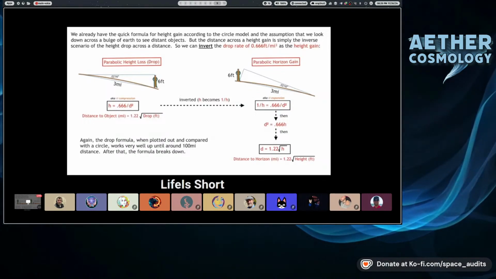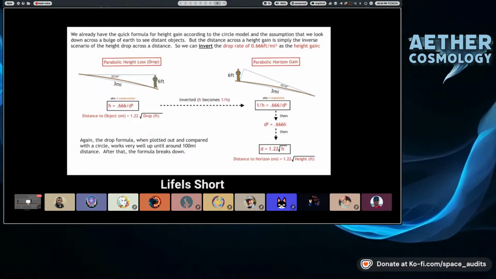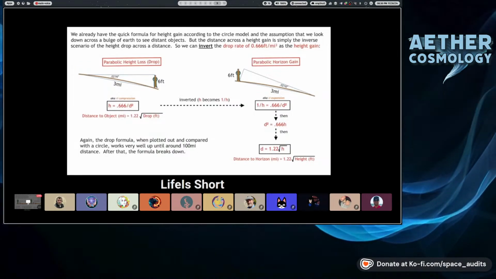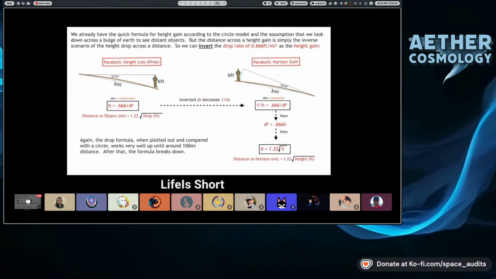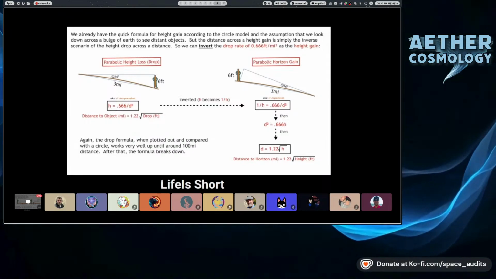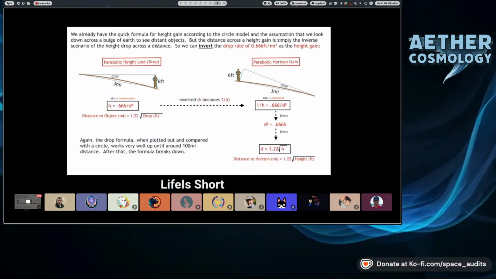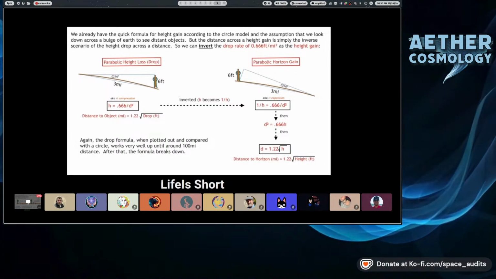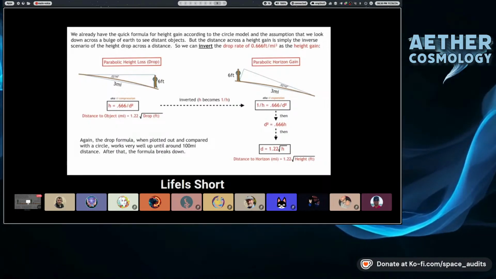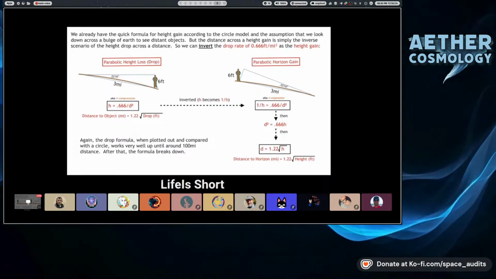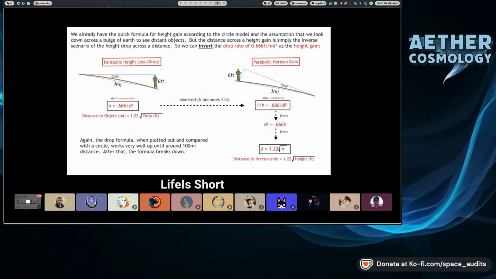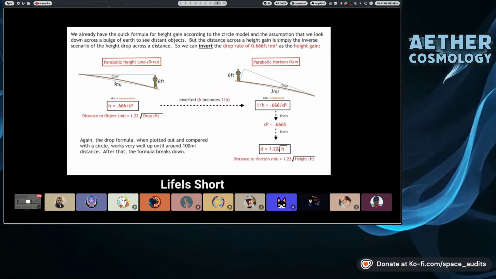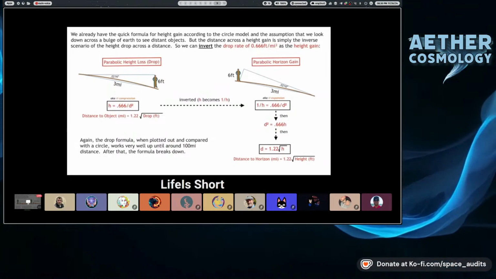So the parabolic height loss or drop is just inverted to become the parabolic horizon gain. Our height equal to 0.66 of a drop rate across the mile squared is then inverted. The h becomes 1 over h. So then 1 over h is equal to that same rate.